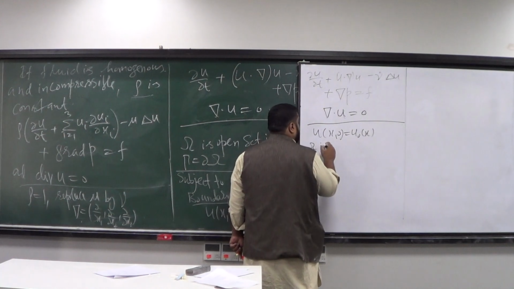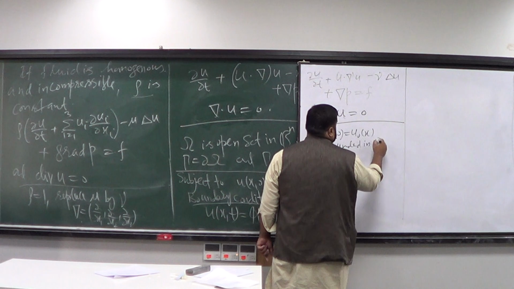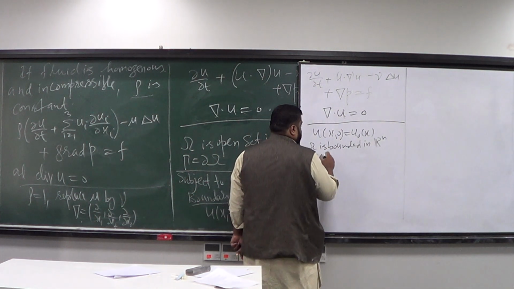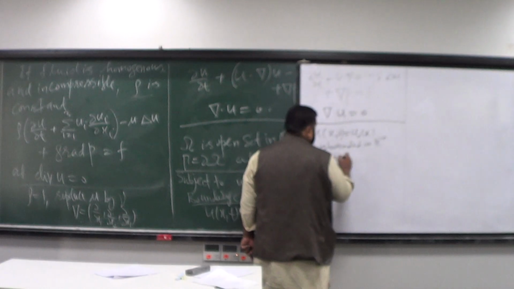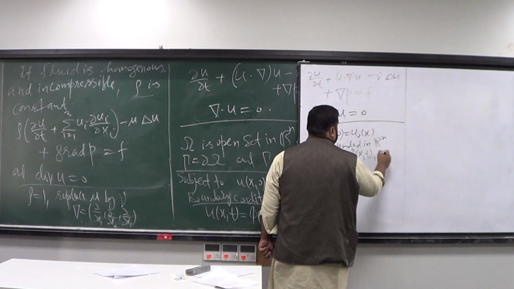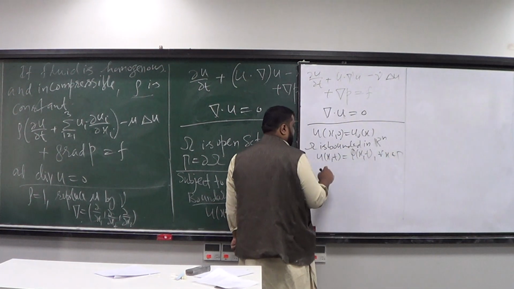If omega is bounded in Rn, where n is 2 or 3, then the boundary condition is u(x,t) equal to a fixed function phi(x,t) for all points x on the boundary. So if you are staying on the boundary, your u(x,t) is a fixed function.